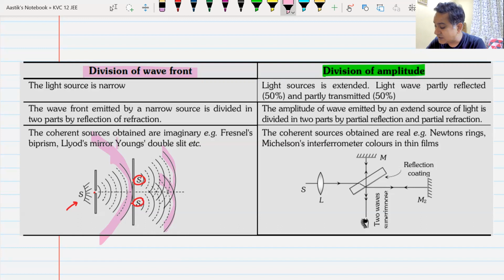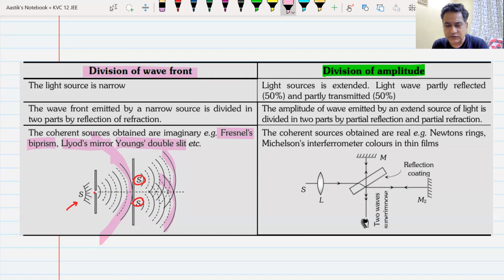It is used in Young's double slit experiment. You should know this. In Young's double slit experiment, coherent sources are produced by division of wavefront. It is also used in Lloyd's mirror and Fresnel biprism. They are all subtopics of Young's double slit experiment.